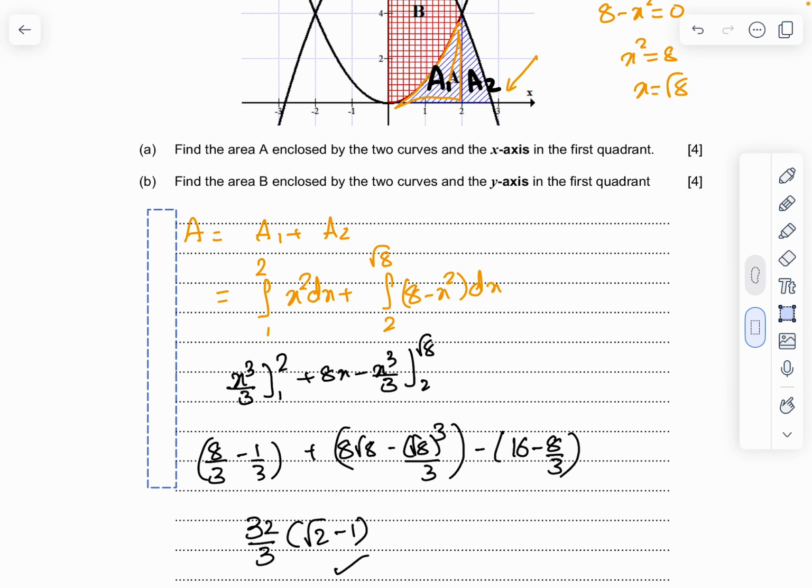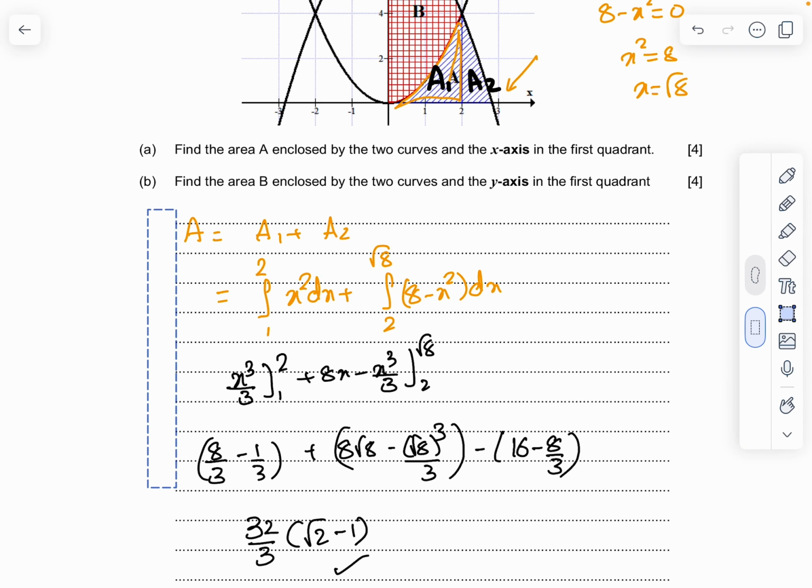Now part B. What do I have to do? Part B is the total B plus A, so B equals B plus A minus A. B plus A is nothing but the integral from 0 to root 8 of 8 minus x square.